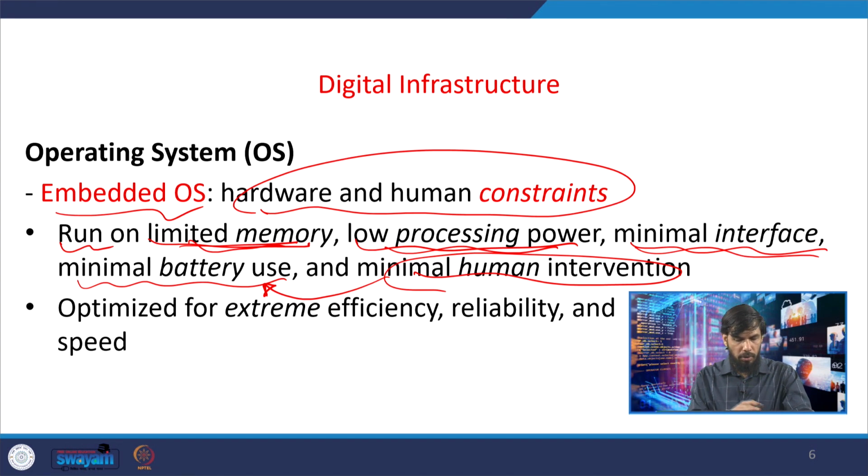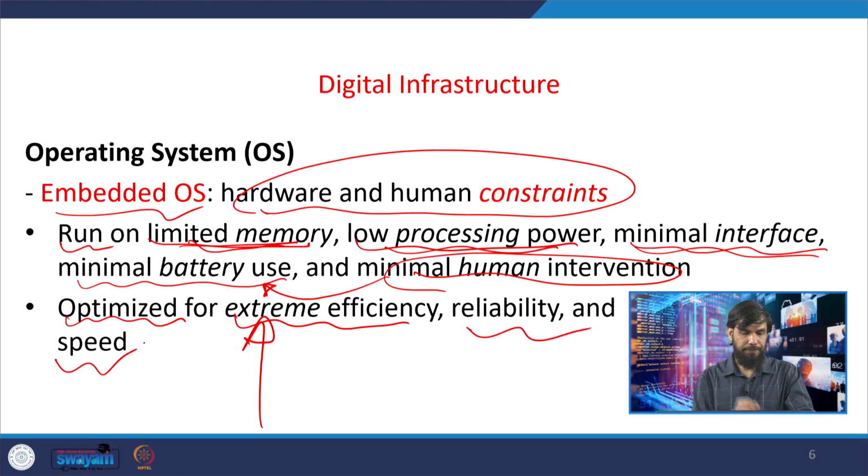These are constrained computing scenarios, and in these scenarios the embedded OS is doing a real time kind of function, not a general purpose operating system function. Essentially it is supposed to be optimized for extreme efficiency, reliability and speed. So an embedded OS has to work with these kinds of constraints.